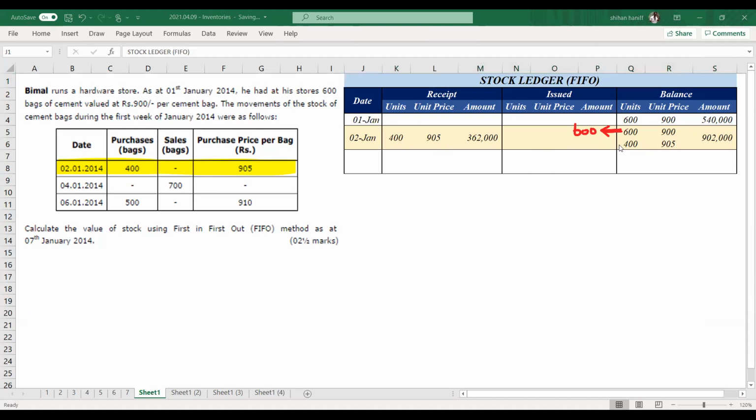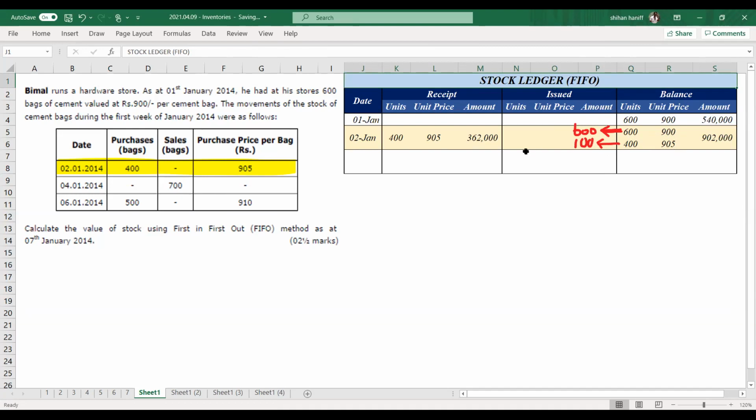Right? And from the remaining, now you need 700 total to issue. So out of this 900 worth of bags, you will issue the entire 600. Then another 100 you have to issue from the remaining 400 bags.